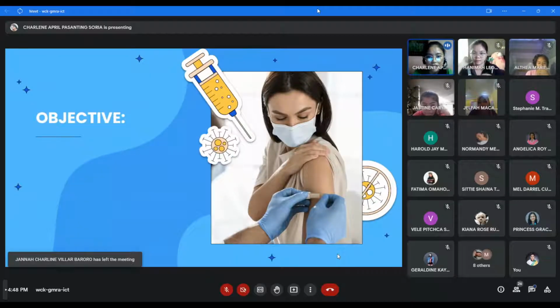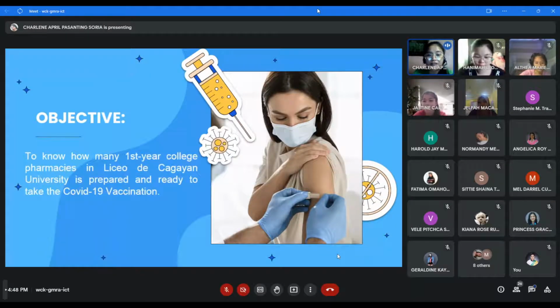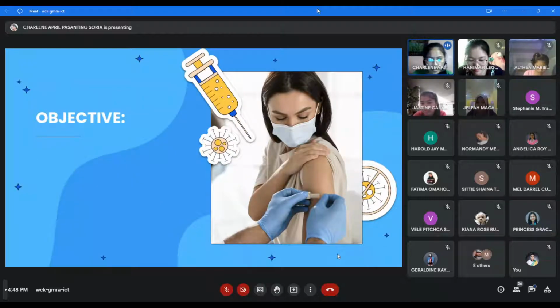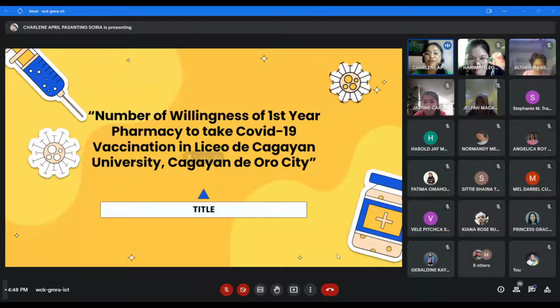So the objective for this study is to know how many first-year college pharmacies in Liceo de Cagayan University is prepared and ready to take the COVID-19 vaccination. So we choose this study under the topic of COVID vaccination, which we particularly come up with this title, which is the number of willingness of first-year pharmacy to take COVID-19 vaccination in Liceo de Cagayan University, Cagayan de Oro City.